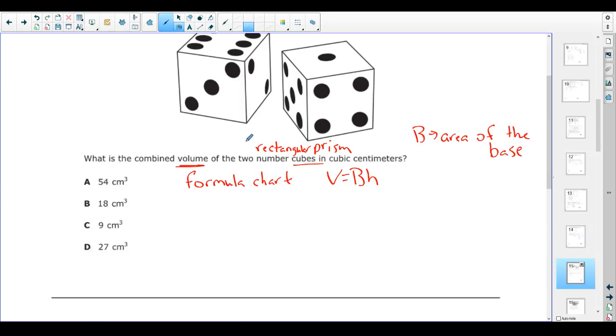And what shape is the base? A rectangle. Right? So formula for area here is going to just be base times height.